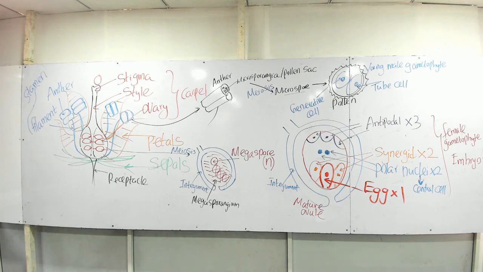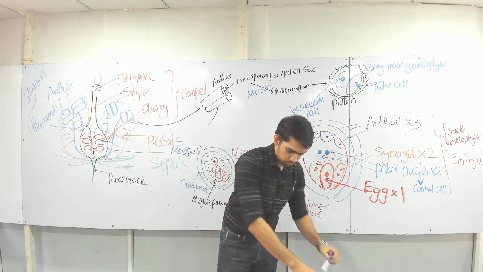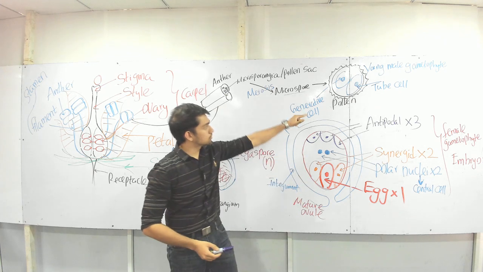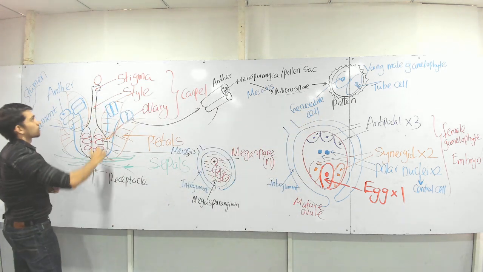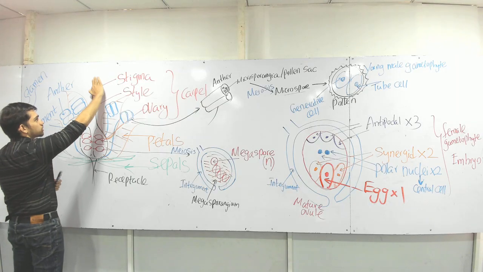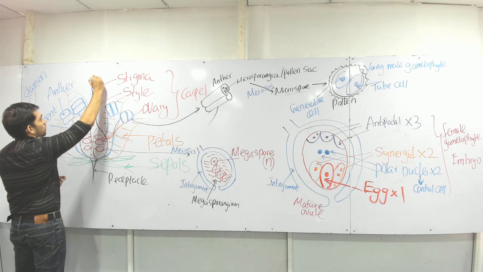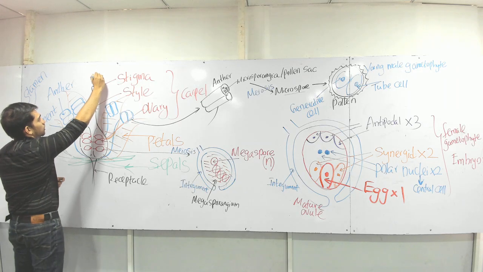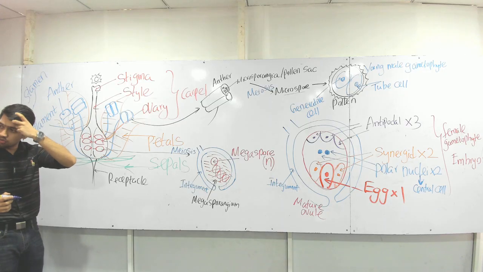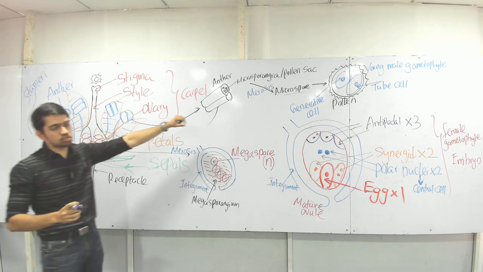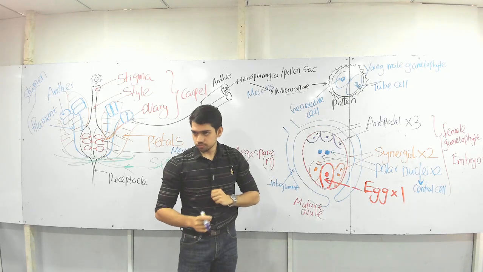Next, what's going to happen? Let's do pollination, right? What's going to happen in pollination? Pollen is deposited on the stigma, because this stigma has a nourishing sugary fluid, that is going to cause the pollen grain to germinate.